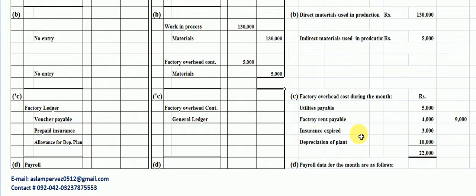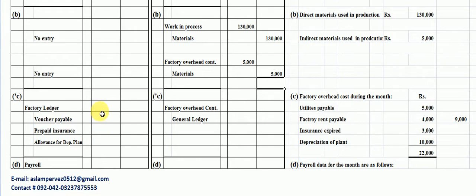Now at the end of the month this insurance has expired. For this purpose the amount of 3000 rupees is charged, and prepaid insurance is credited here. Depreciation of plant. This is a non-cash item. This cost belongs to the factory because it is depreciation against a plant. For this purpose, this expense is charged, and allowance for depreciation of plant is credited here.